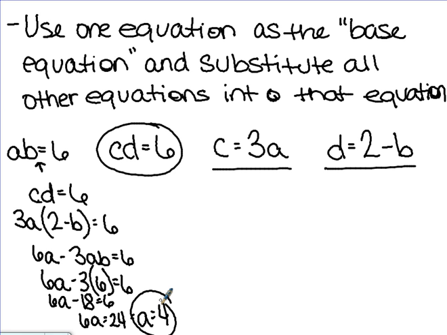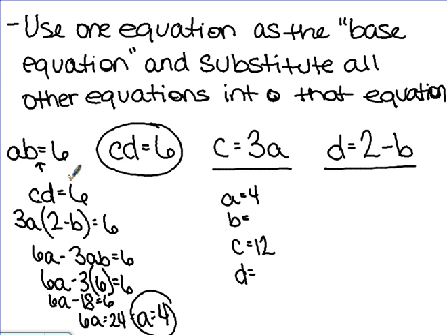Now that I know what that variable is, I can set it back into any equation and solve. We have C equals 3 times A. Well, if A is 4, then 3 times 4 is 12, so C is equal to 12. I also have my equation AB equals 6.